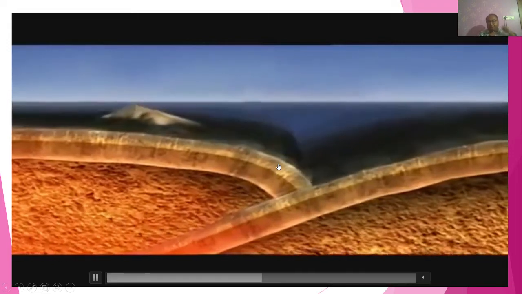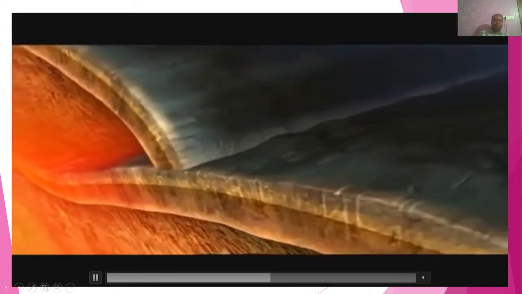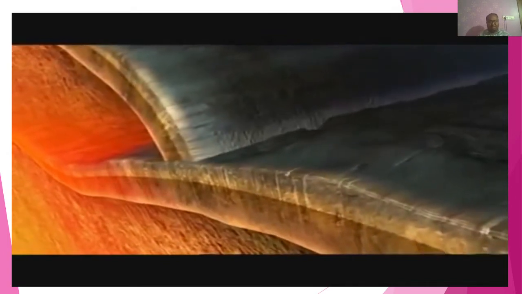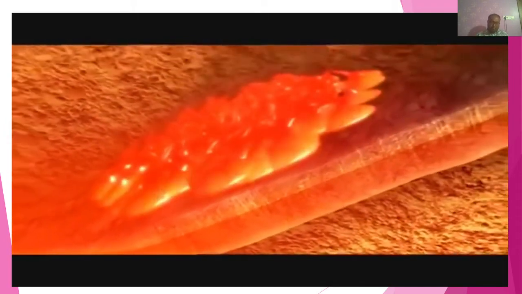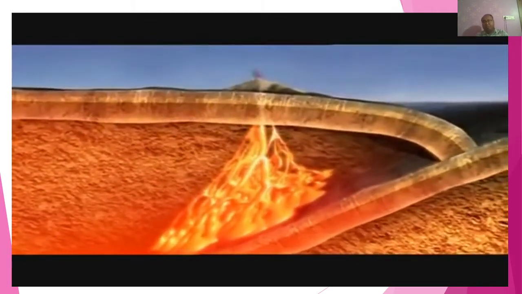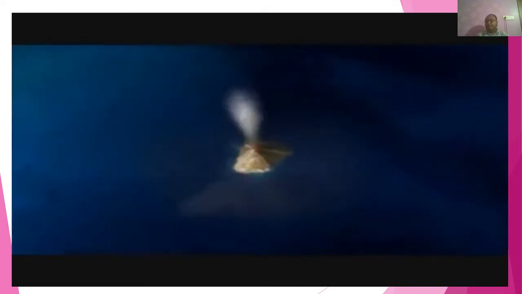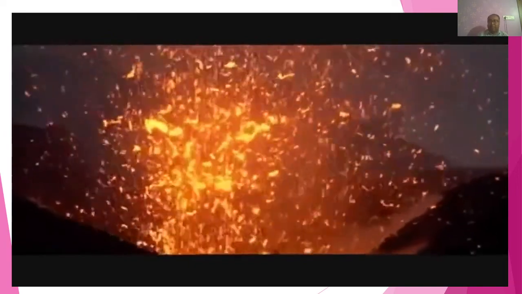With a continuous series of pressure, the magma will make its way out, and after a few years it will explode like a volcanic eruption that we have studied in the volcanoes chapter.